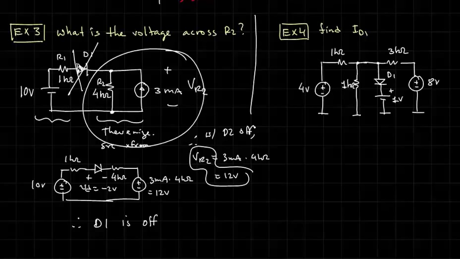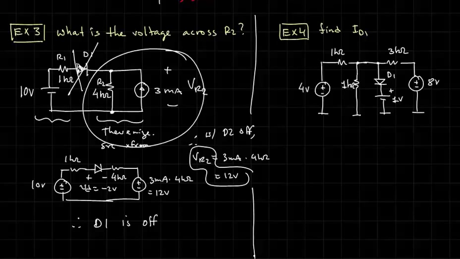All right, let's look at problem 4, which is a little more complicated. Here we're asked to find the current through ID1. When you're trying to solve a diode circuit by assumed state, where we're trying to figure out whether the diode is on or off, you want to look for ways to simplify the circuit.